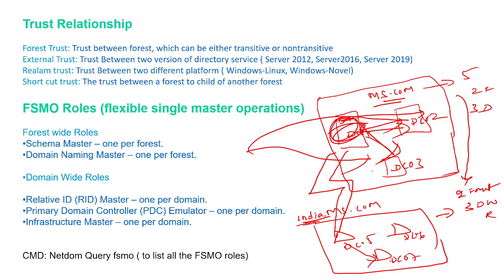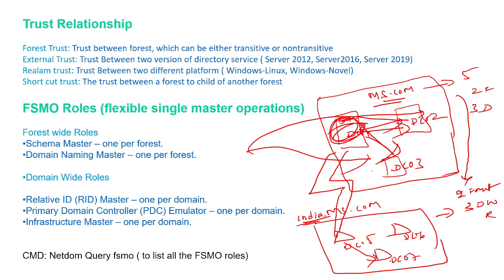All those information will be known by the infrastructure master as well. I mean, he knows his information as well as others' information. That is the work of the infrastructure master, and that is also one per domain.